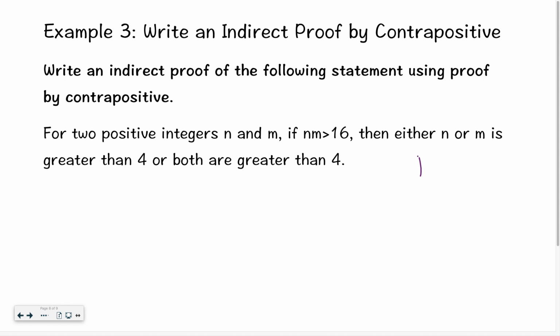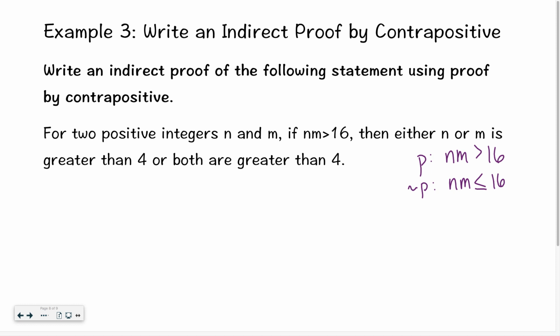So P, for 2 positive integers n and m, if nm is greater than 16, so that's going to be my P statement. So my not P statement would be nm is, instead of greater than, I'm going to say less than 16, but I'm also going to include that or equal to, so that way the number 16 is included somewhere.